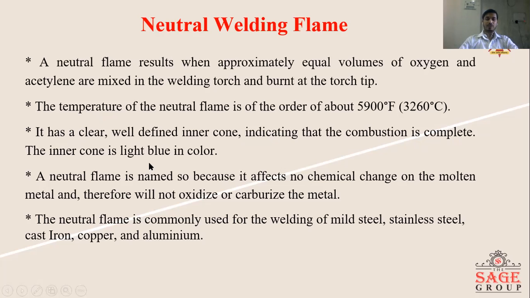The inner cone is light blue in color. The neutral flame is named so because it effects no chemical change on the molten metal and therefore will not oxidize or carburize the metal. The neutral flame is commonly used for welding mild steel, stainless steel, cast iron, copper, and aluminum. So these are the characteristics of the neutral flame.